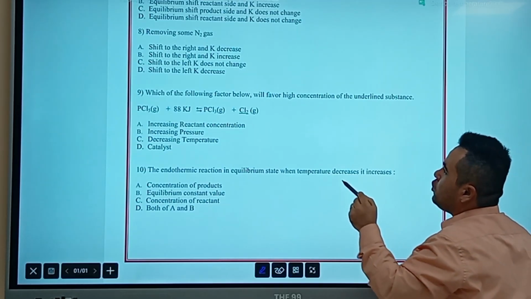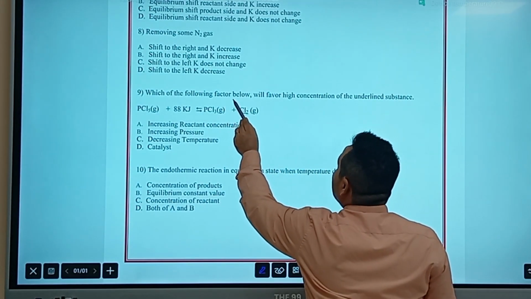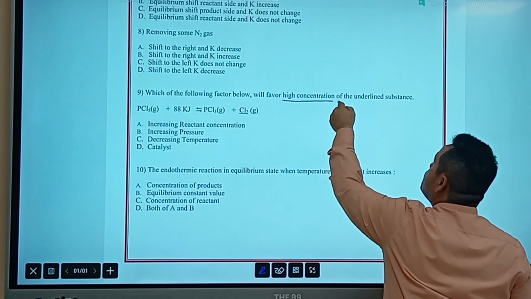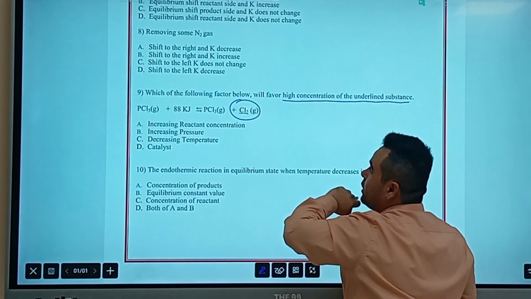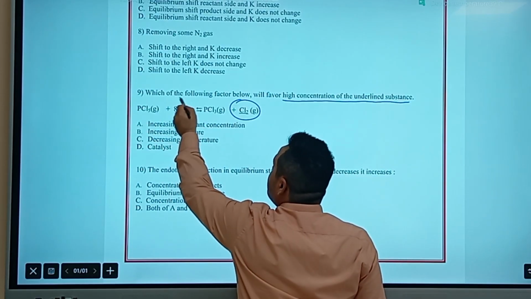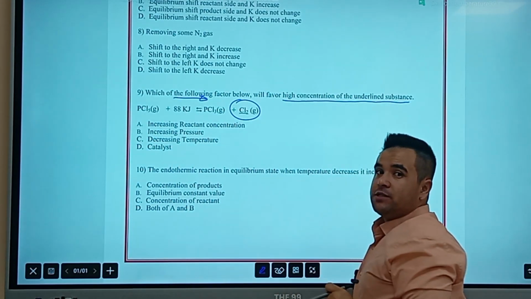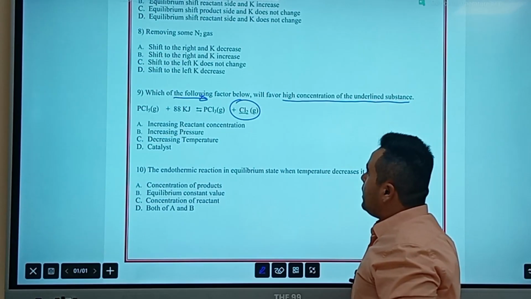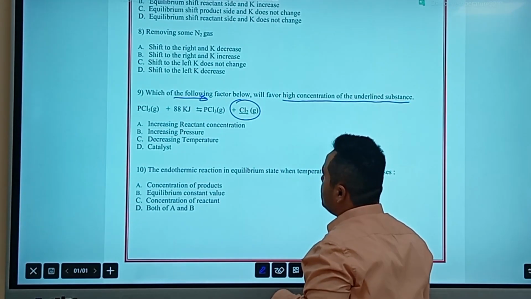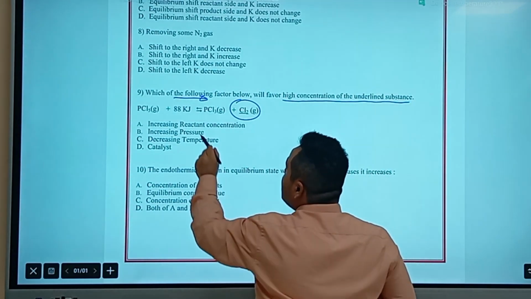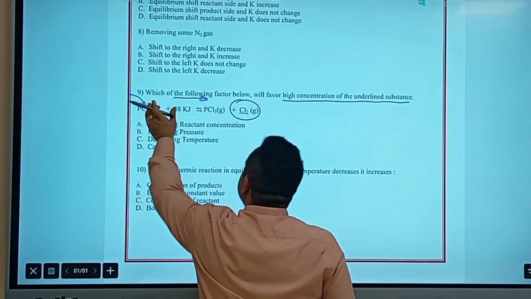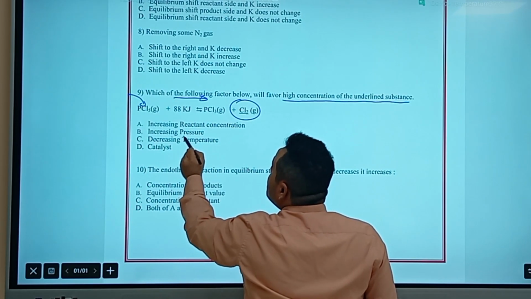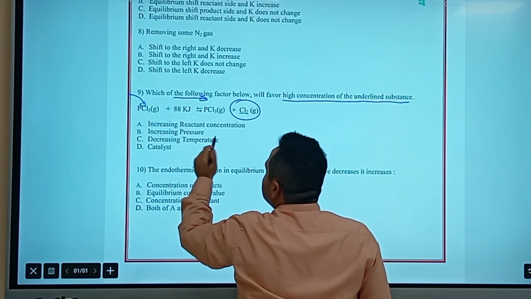Another question: which of the following factors below will favor a high concentration of the underlined substance? The underlined substance is in the product. So any factor that favors the forward direction will be considered as the factor that increases the CO2. Increasing reactant concentration, yes, forward is favored. Increasing pressure of the system?